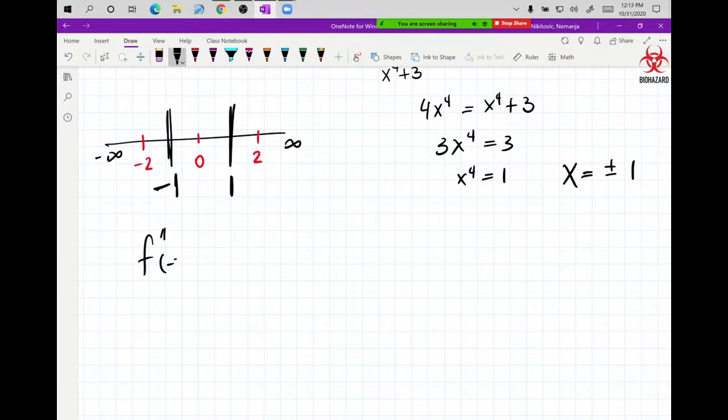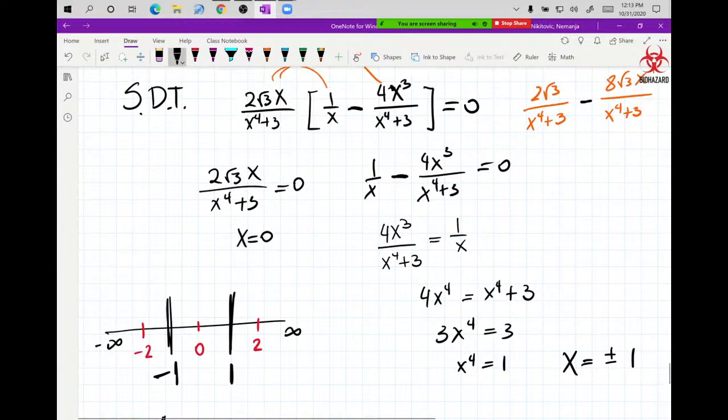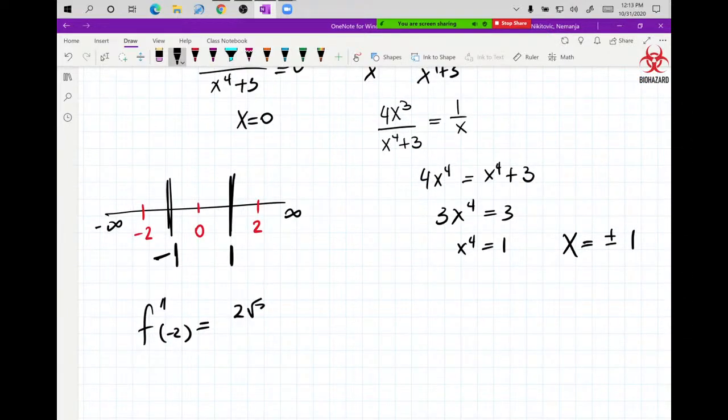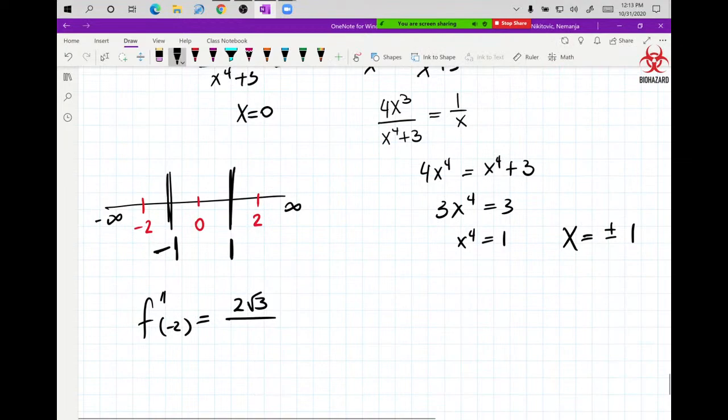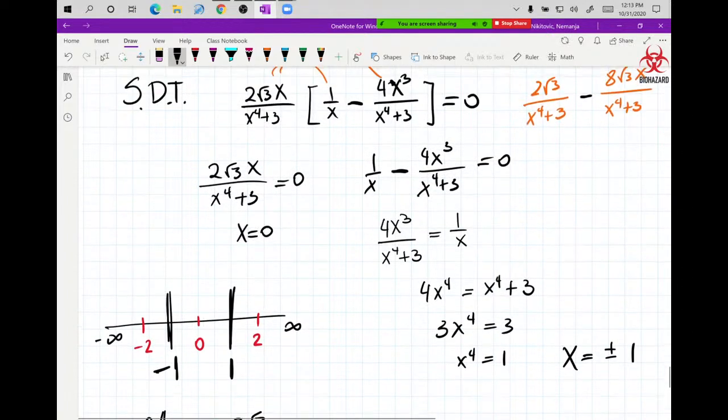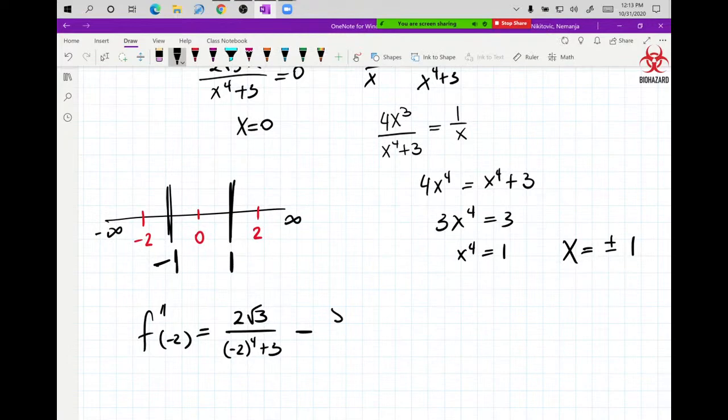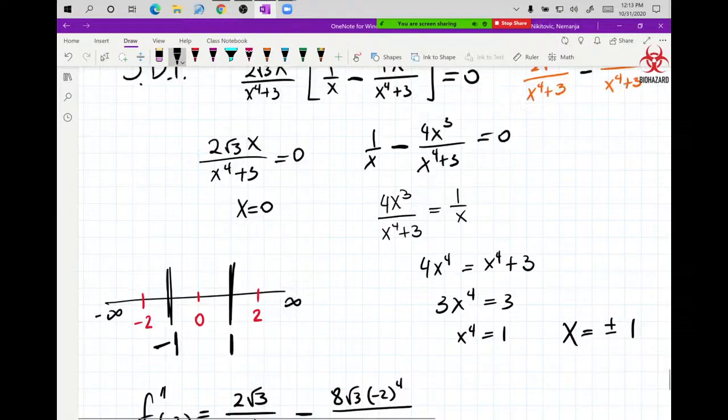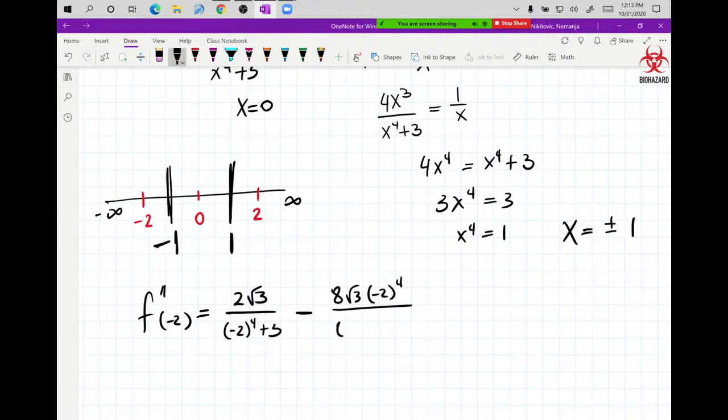So f double prime at -2 is going to be 2 root 3 over x to the 4th, so that's going to be -2 to the 4th plus 3, minus, and the second one is 8 root 3 x to the 4th, which is -2 to the 4th, divided by the same. Well, at this point I should combine them into a single one, so I'm not writing this 15 times. There we go.